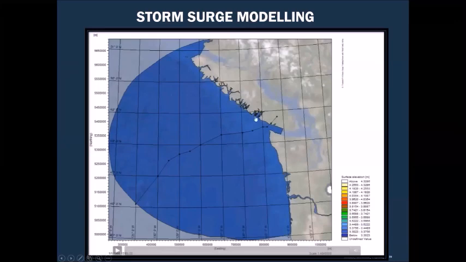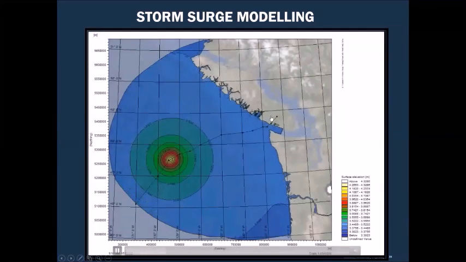If we don't have the information about the storm surge for a particular area, we can make a model based on the historic wind information, and we can come up with a storm surge at the particular locations. So storm surge in the deep water is less compared to near the land. So this is an example.